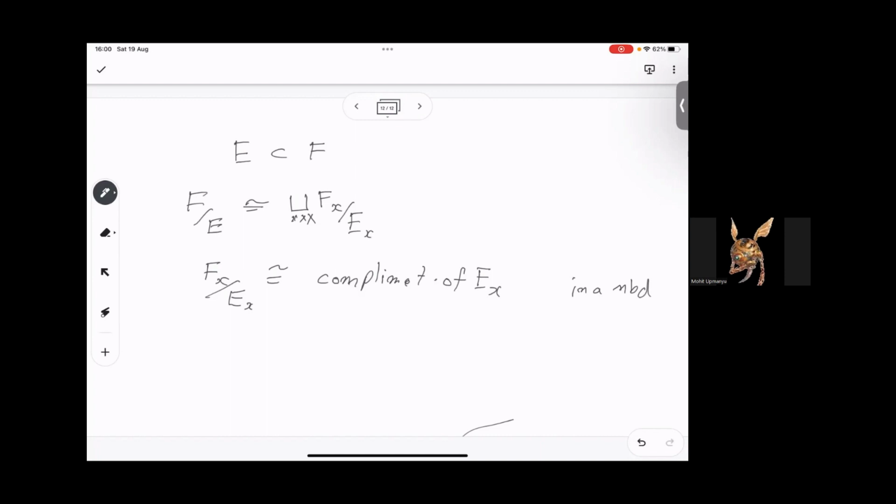And the complement that we found locally was in fact a trivial complement, as in a trivial vector bundle. So it's not just for a small x, it's in a neighborhood of X, and it was trivial. This implies that F mod E is a vector bundle. So we have now defined a quotient vector bundle.